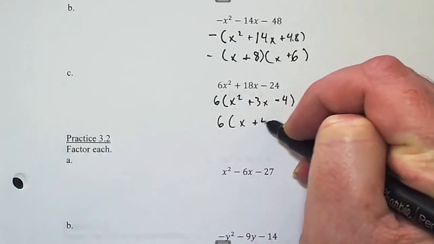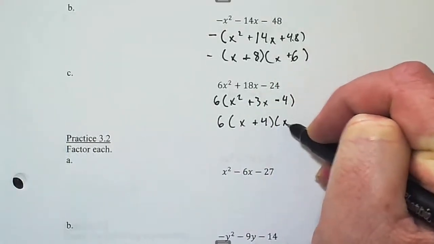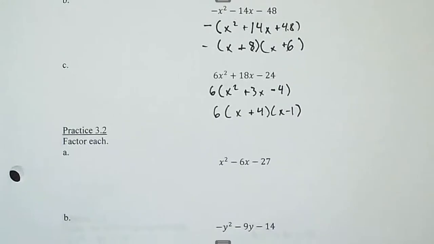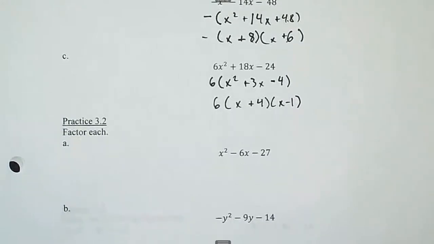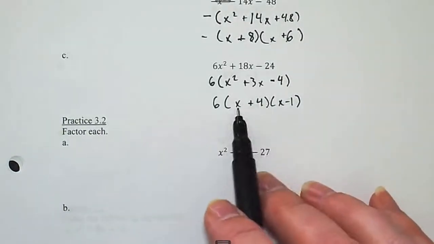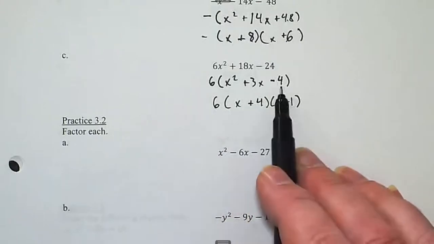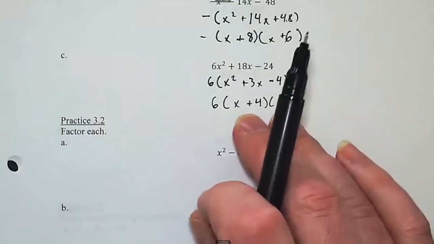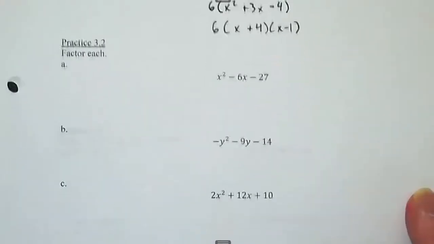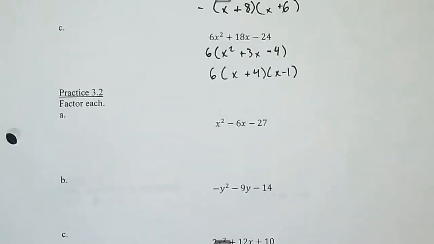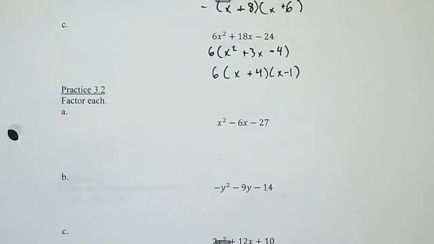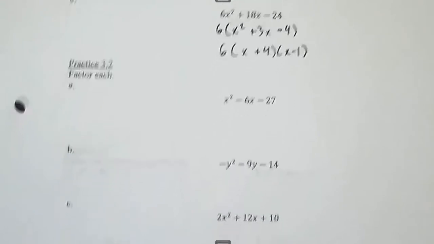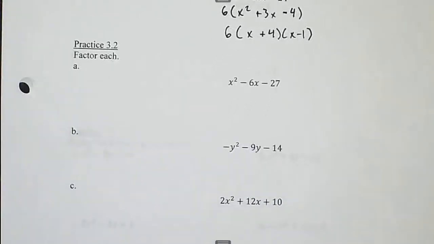This becomes x plus 4 and x minus 1. Because x times x is x squared, and then I got the negative 4. But negative x plus 4x is 3x. All right, try the practice problem.